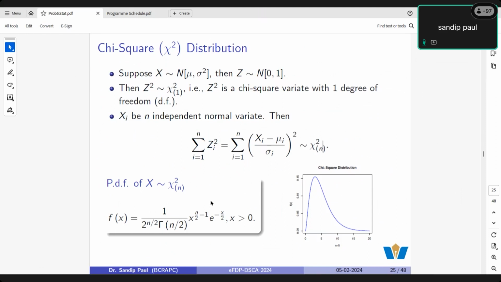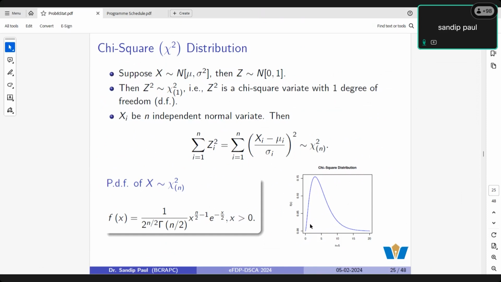Now if we draw the density function of this chi-square, obviously, as we are drawing the chi-square variant from a normal variant, it is also a continuous random variable, and if we draw the curve, it will look like this.